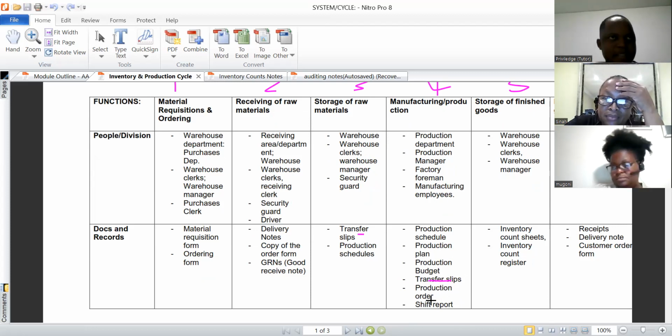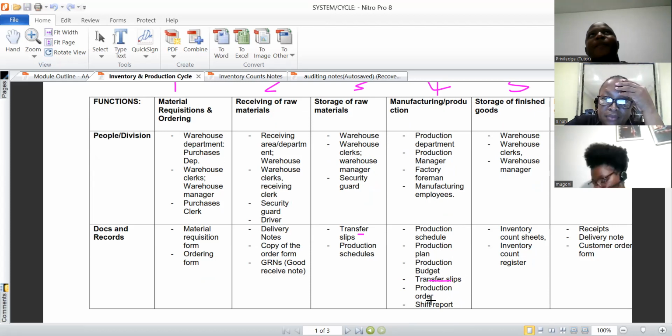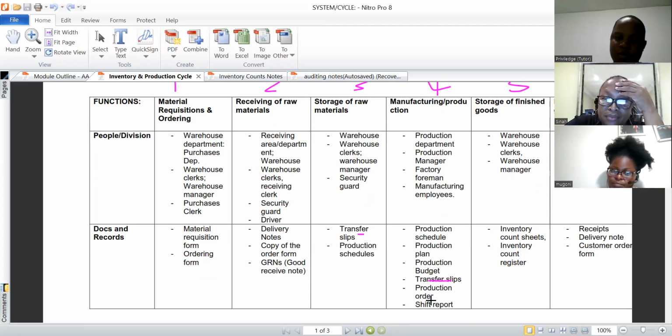We cannot just produce. There are some industries where, yes, there's mass production, but there are some industries where production only happens if an order has been received. Otherwise, if they produce the product without receiving an order, the product may not sell. Why? Because maybe the product is a seasonal product.